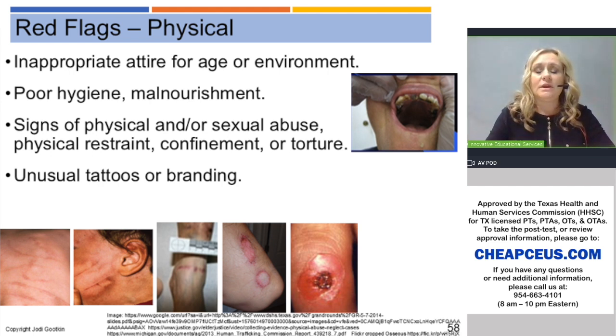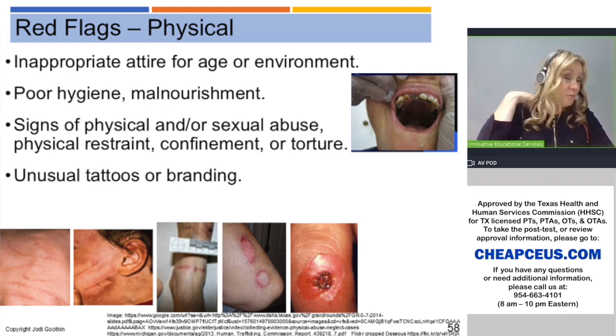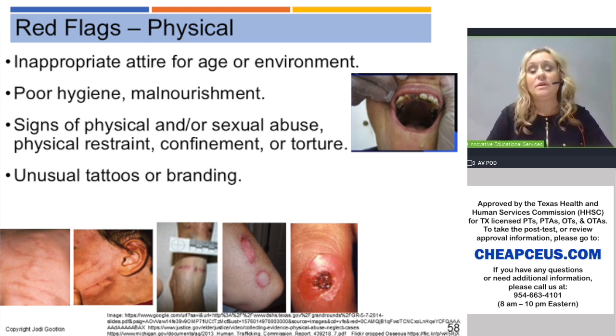And then looking at tattooing, branding, these might be unusual types of tattoos. It has been noted that some individuals do have barcodes, for example, on the back of their neck, something that the trafficker may be utilizing as a way to identify the individual as their property.